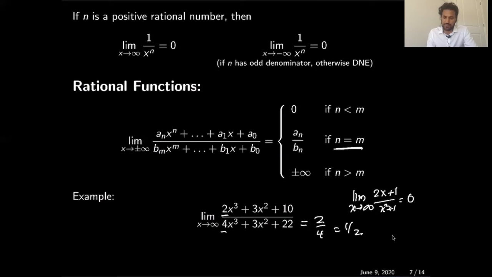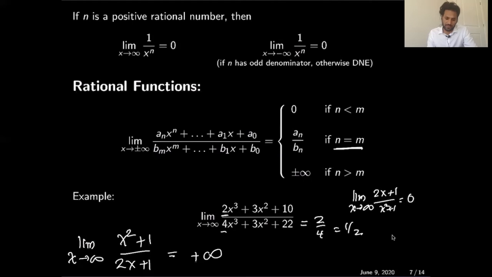And if the degree of the bottom is smaller than the degree of the top, suppose the limit as x approaches infinity of (x square plus 1) over (2x plus 1). This limit will be plus or minus infinity, depending on whether the top and bottom take negative or positive values as x gets larger. Because the degree in the top is larger, the limit is either plus or minus infinity depending on the sign of the largest term.